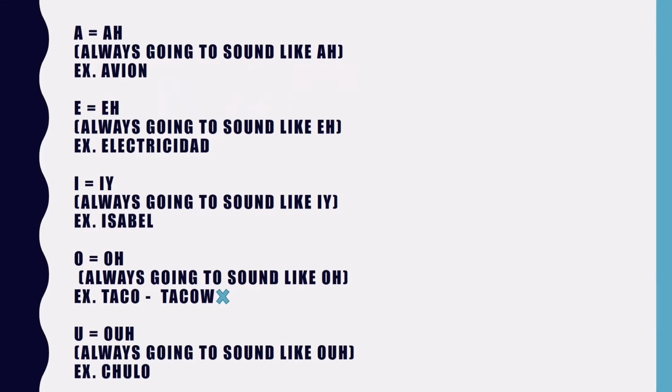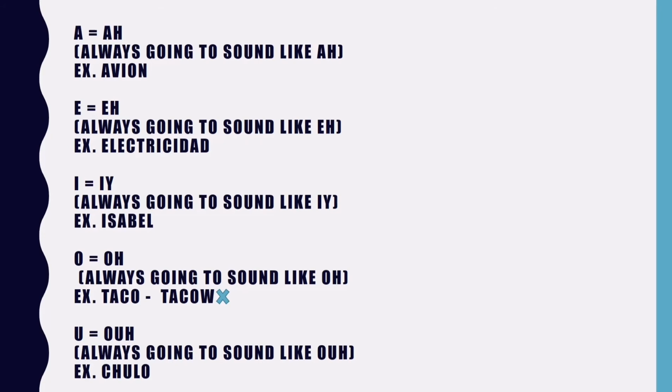Here you can tell that there are two words, taco and taco. If you have an American accent, you don't say taco, you say taco. There's like a magical W at the end of the word. In Spanish, it's like a sharp O. You say taco, and that's it. You don't round it. So pay attention to that.